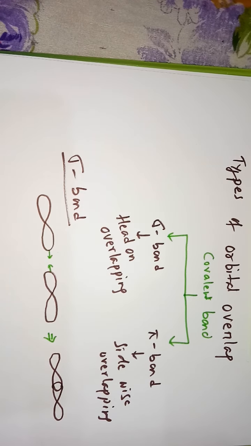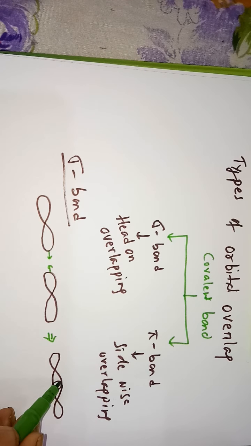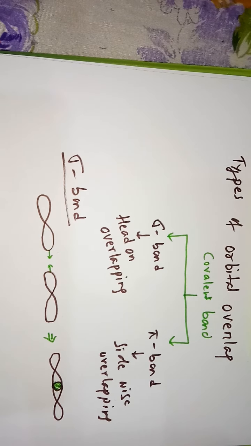Here the head-on overlapping takes place between these two orbitals. This is the overlapping area. This type of overlapping is called your sigma bond.